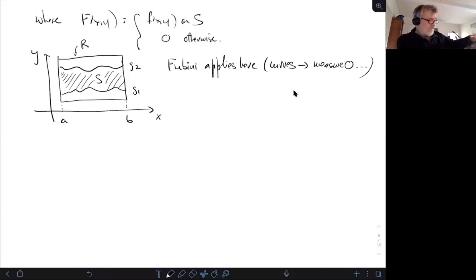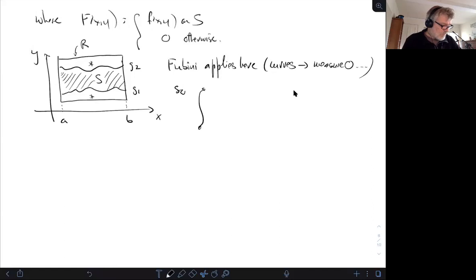So you have to see the function that lives over this with some function over S, but it's 0 on those two little pieces here and here. So the function big F is completely flat there. Okay. So anyway, let's apply Fubini.